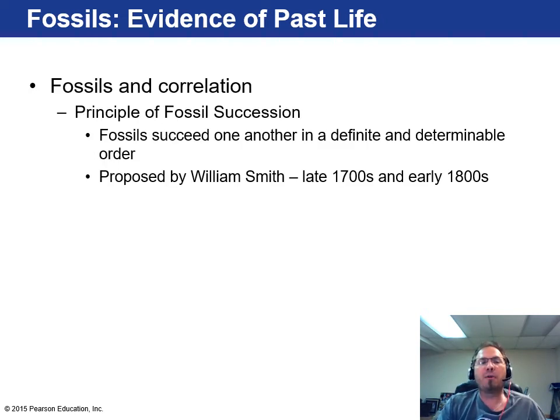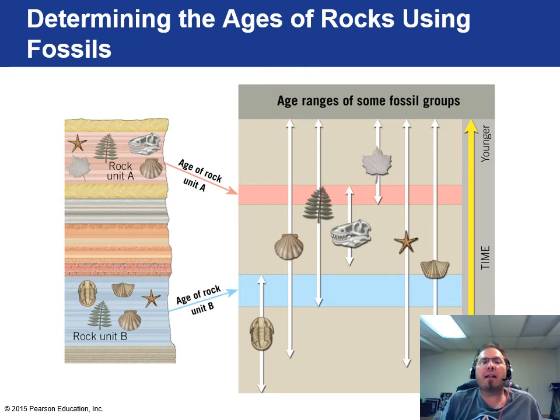Now, there's the principle of fossil succession, which is that fossils succeed one another in a definite and determinable order. Now, this is an old principle that started back in the 1700s and early 1800s. So, if you look at determining the age based upon fossils, you can see that there's certain fossils that are going to be older or younger depending on the type of fossil they are.